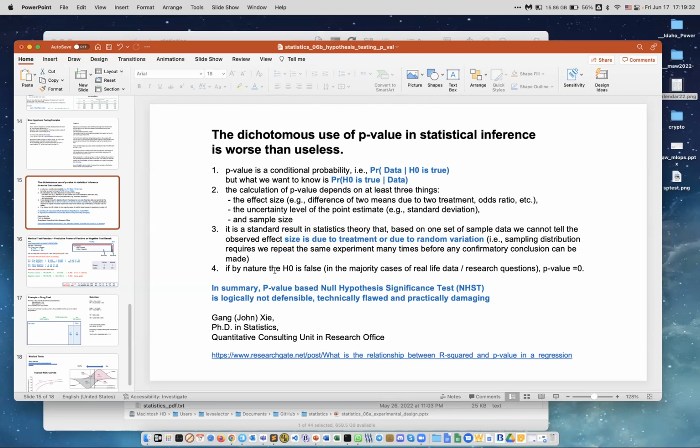If by nature null hypothesis H0 is false in the majority of cases of real data research questions, p-value is 0. In summary, p-value based null hypothesis significance test is logically not defensible, technically flawed, and practically damaging.